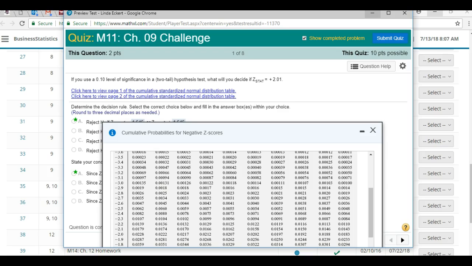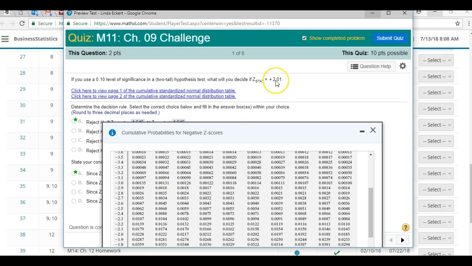So this question, and this is from your Chapter 9 challenge, is: if you have a 0.10 level of significance in a two-tail hypothesis test, what will you decide if you have a z-stat of 2.01?